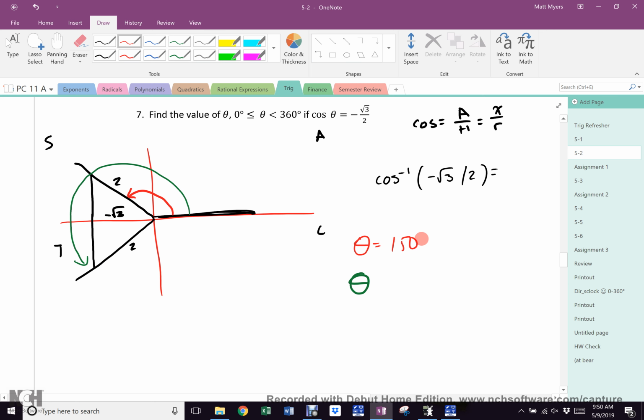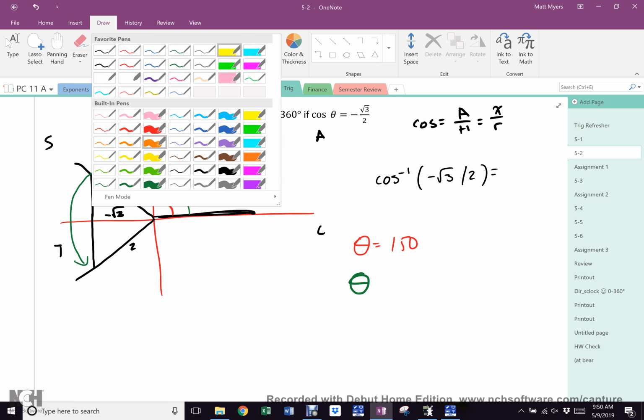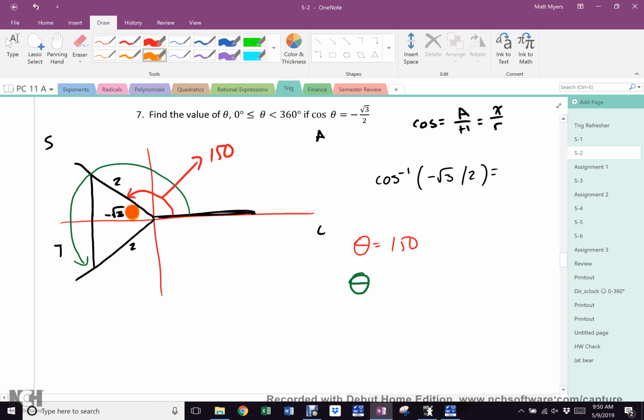Right from our calculator. So, if red theta is 150, what is orange theta? Red theta is 150.